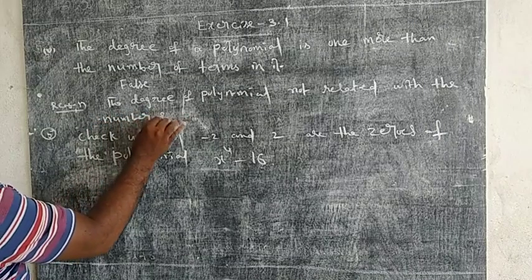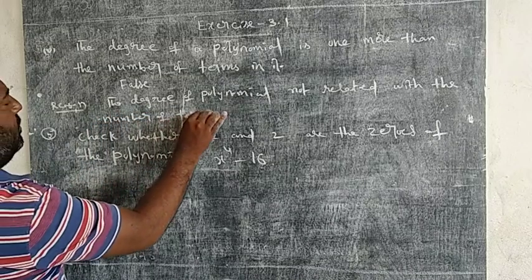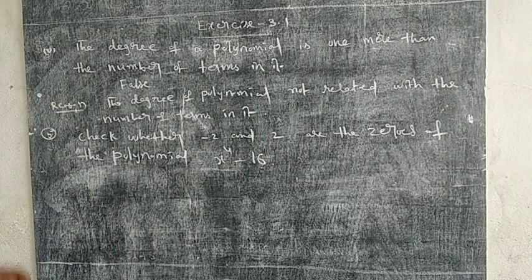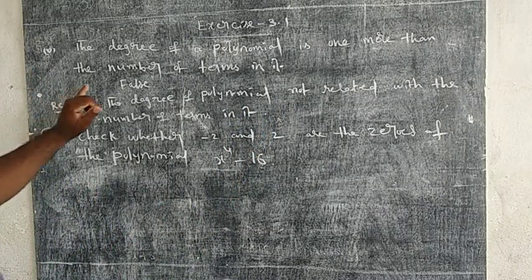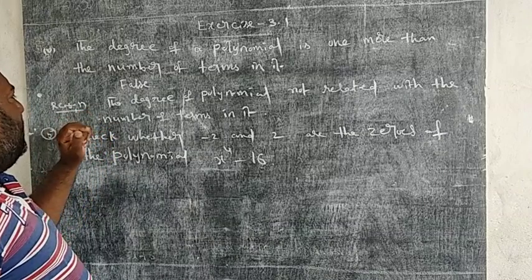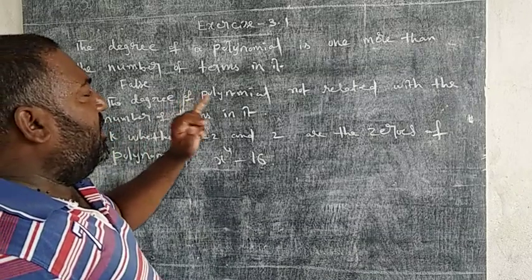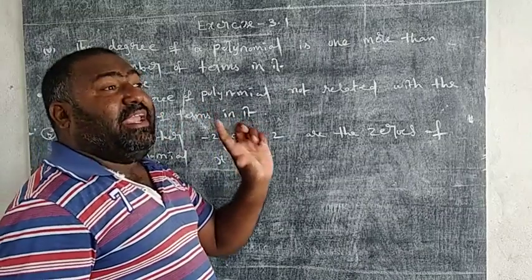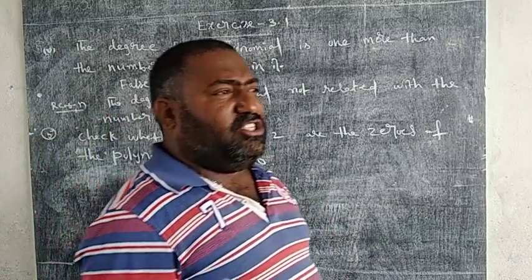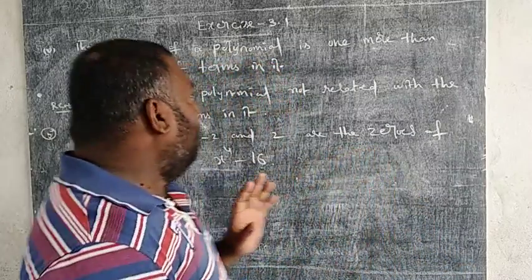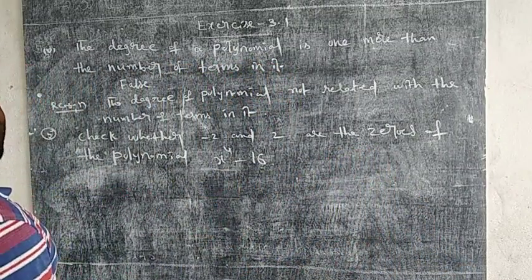So the statement that the degree of a polynomial is 1 more than the number of terms in it is a false statement. The correct statement is that the degree of a polynomial is not related with the number of terms in it. It is related with the highest power of the variable in any term of this expression. So that is the degree of a polynomial.